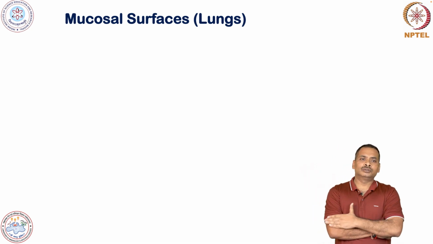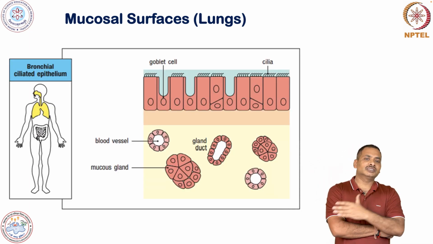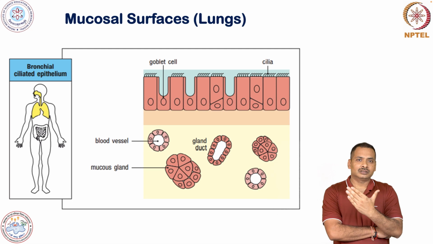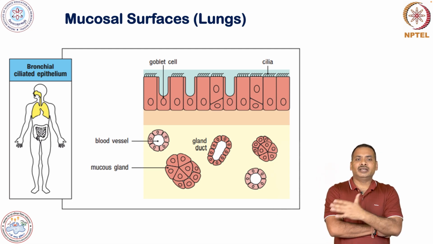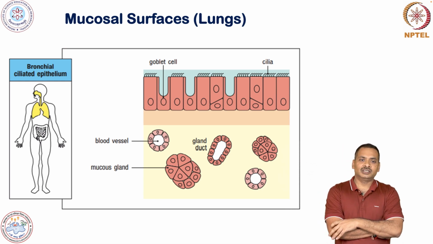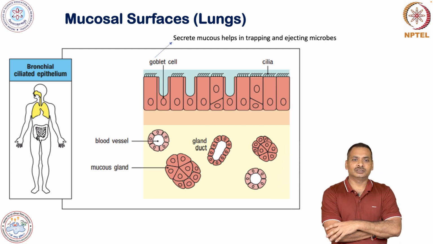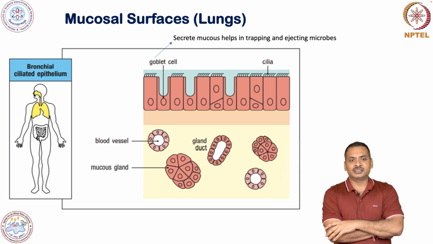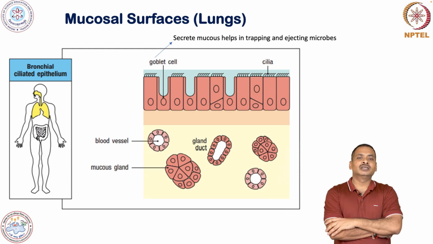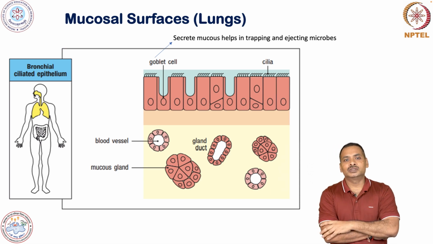Now I will take you to the mucosal surface of the lung. Let's look at the lung. Here you can see that the lung is quite a big area, and this is the lining of lung epithelia. Here you can see there is one specialized cell which keeps on producing mucus, which we call goblet cells, and this mucus basically helps in trapping the microbes and ejecting them.